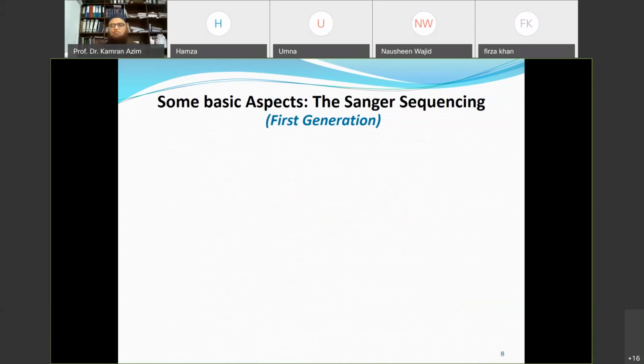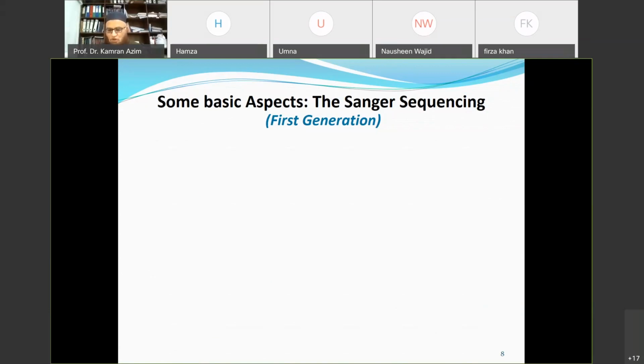For Sanger sequencing, I will repeat the basic aspects briefly. We studied Sanger sequencing in the previous class last week.